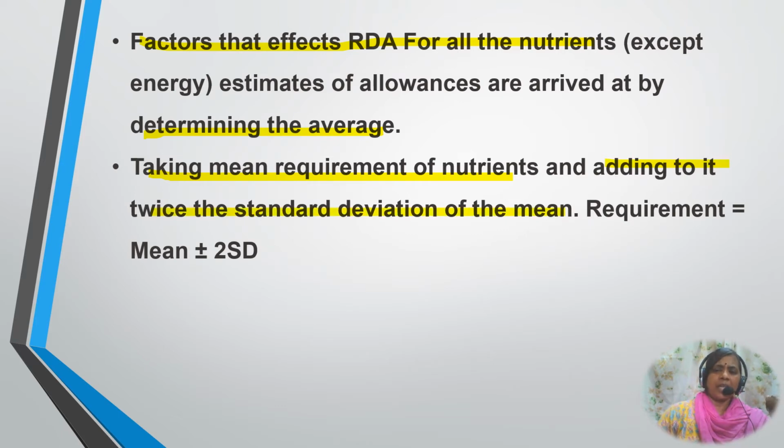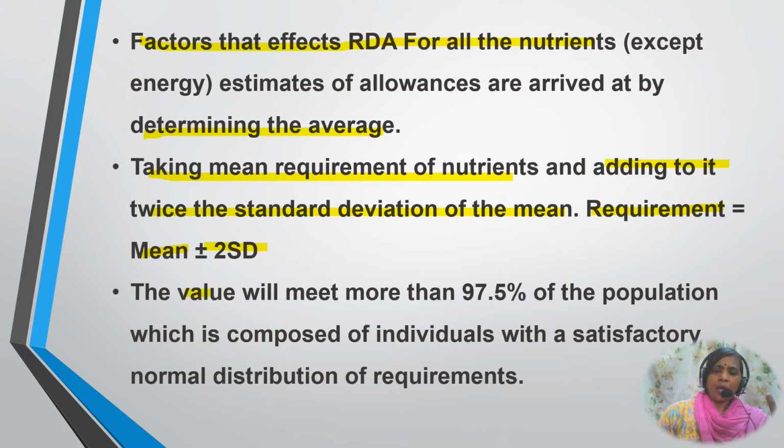So requirement is equal to the mean requirement of the nutrient plus 2 times the standard deviation of that mean. That will give the correct requirement, and this value will meet almost 97.5% of the population.